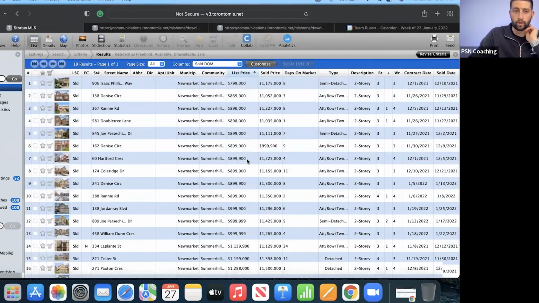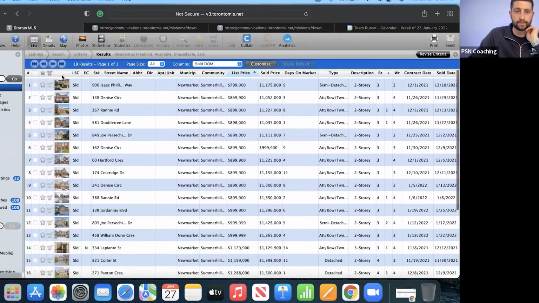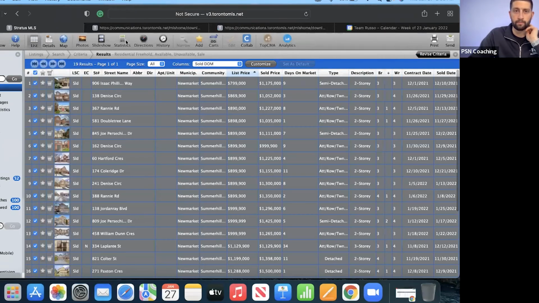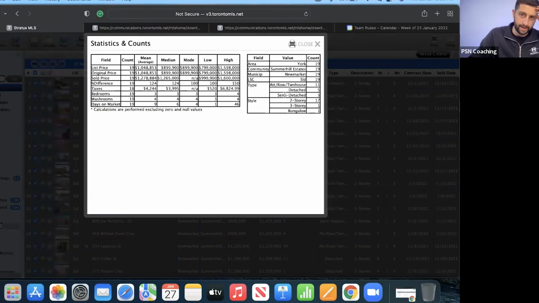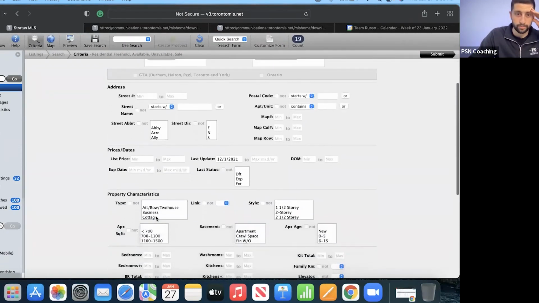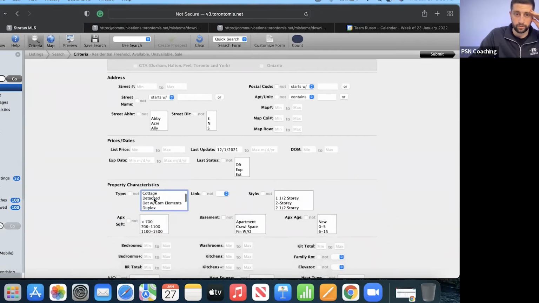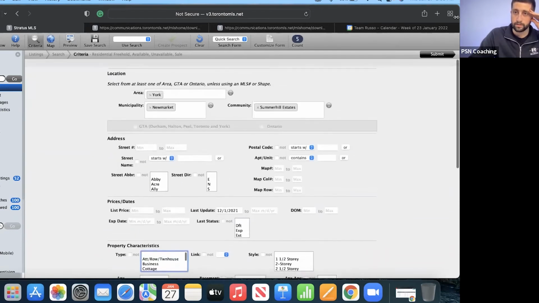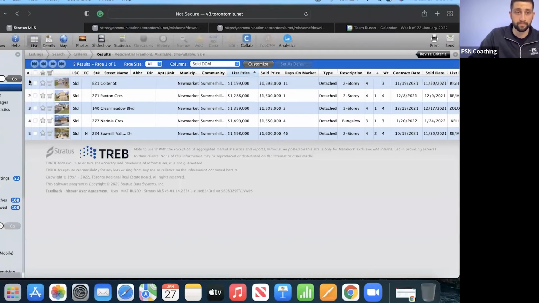The one thing I'm going to do is take all these stats. There are 19 homes, and I'm going to click on the stats right away. Let's say it's a detached home that we're shopping for, so I want to make sure this is very specific. There have been 5 that have sold.